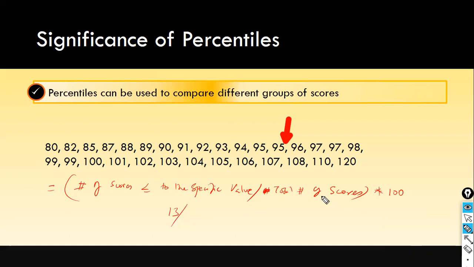Out of which, the total number of scores is 30. 30 students are there in the class. We want the percentile for the specific value 95. 13 out of 30 into 100. How much do you get? 43.33, almost 44%, right? So the score of 95 is in the 43.33 percentile.